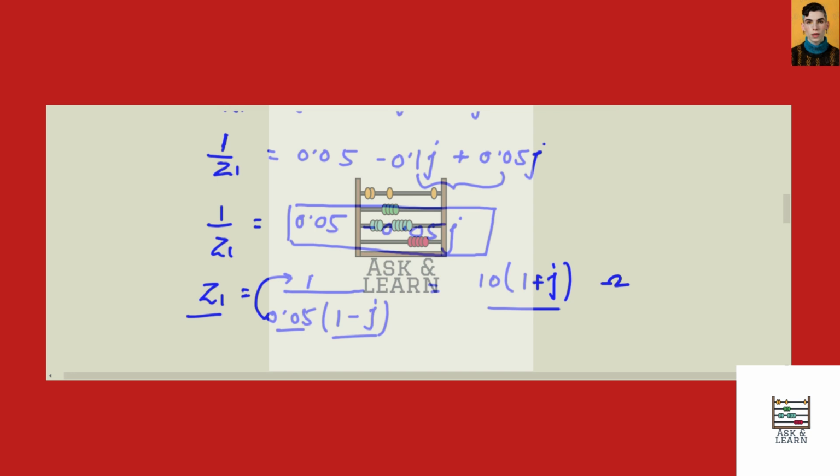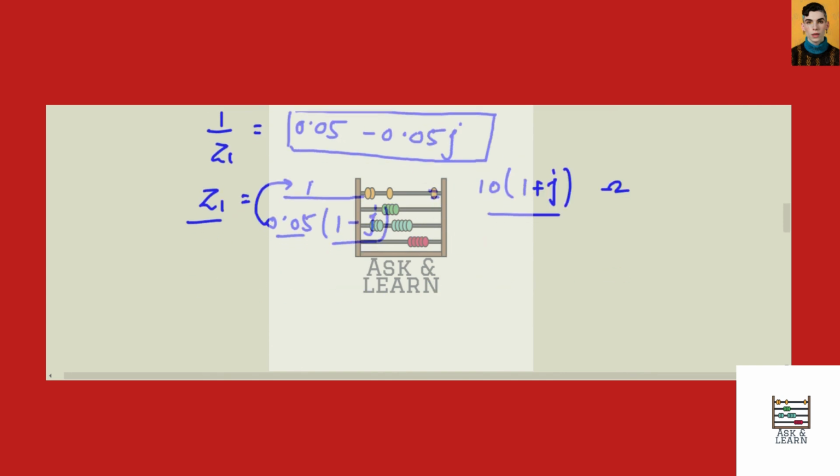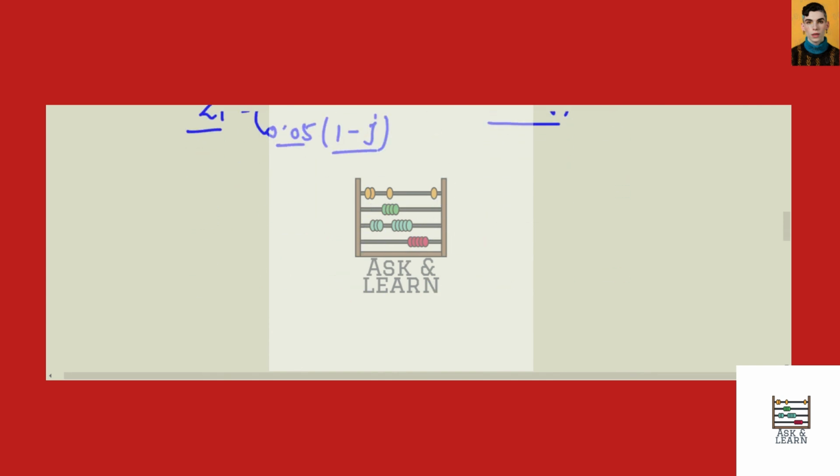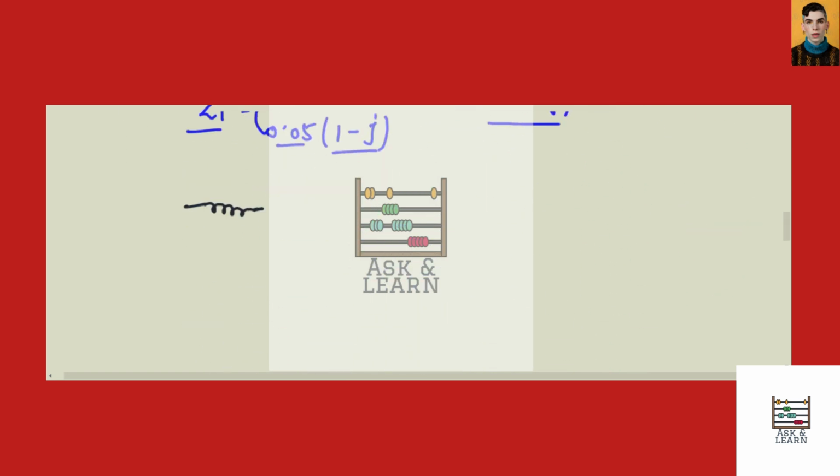If we again look at the circuit, I'm just redrawing it. I just put the equivalent impedance in this place. So the circuit will look like this. First one is the resistor, and then the inductor, and then our Z1.